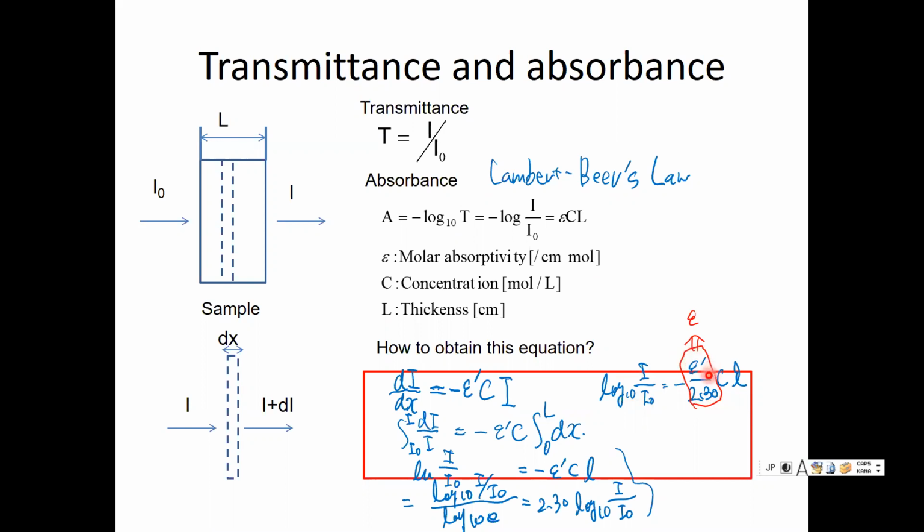That's why the initial epsilon prime, which comes from the original mathematical equation, does not correspond to the molar absorptivity. The molar absorptivity is converted and included in this term. So this equation is quite practical when we use it.